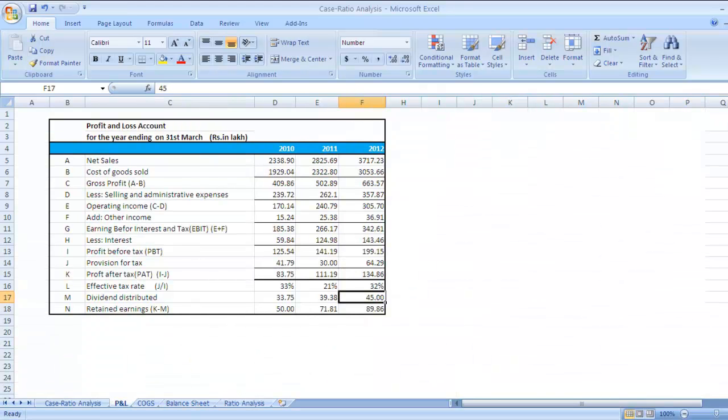So dividend distributed is 45, it is 45 lakh. So let's say dividend per share is 2 rupees. Okay, for our calculation we'll take dividend per share as 2 rupees.